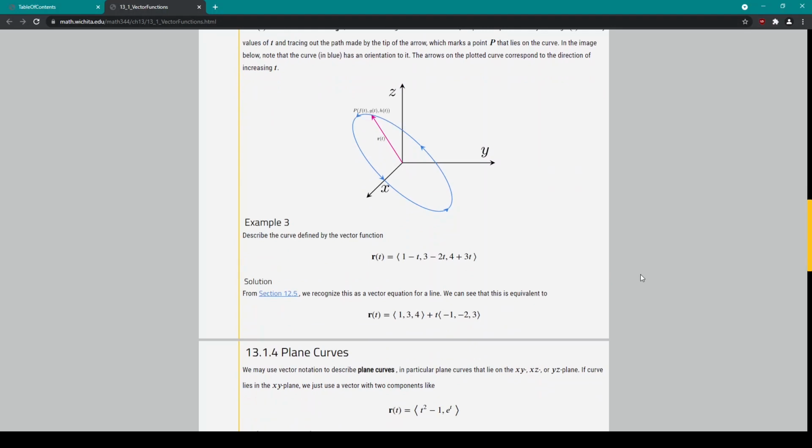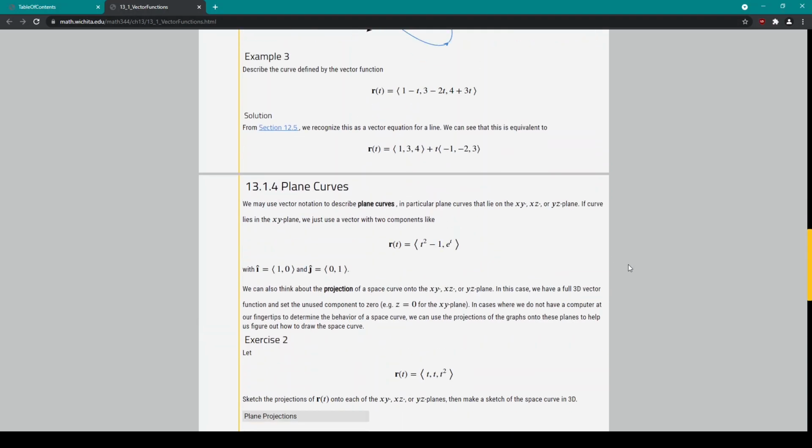Now, the other short example here is that we want to make sure that we are remembering our knowledge about equations of lines and equations of planes, because they can also be thought of in a vector sense as well. Okay. So the short example here is an equation of a line that has this vector form.